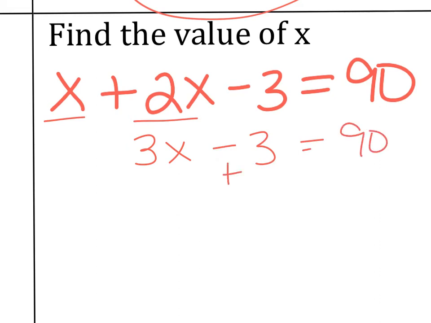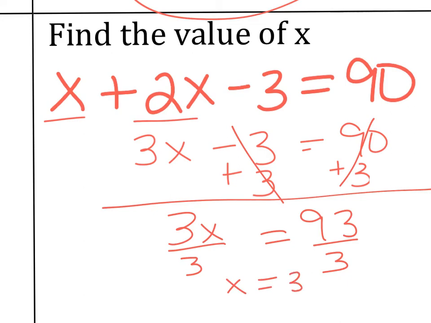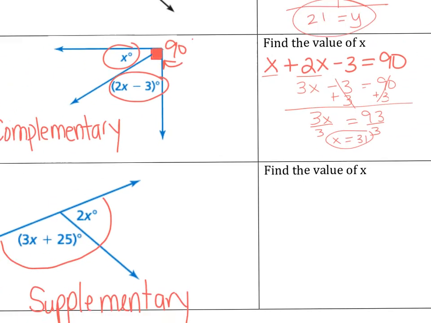And then we're going to add 3 to the other side. Oops, not 30. 3. Sorry about that. Okay, so this is going to say 3x. Those are going to cancel. Equals 93. And I divide by 3. This is going to give me 31. And that's my answer.